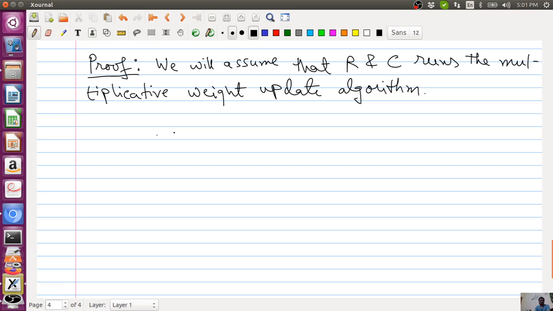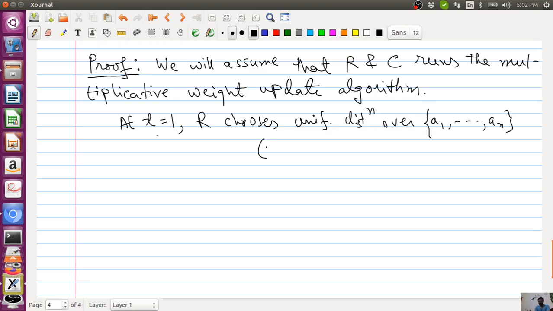Hopefully I won't need anything more about that algorithm. So at t equal to 1, R chooses the uniform distribution over A1 through An.